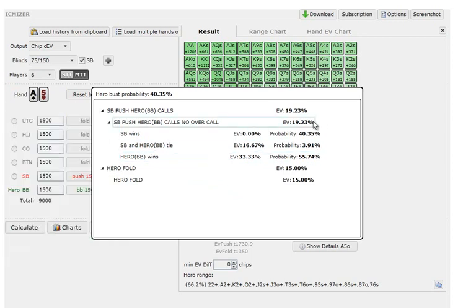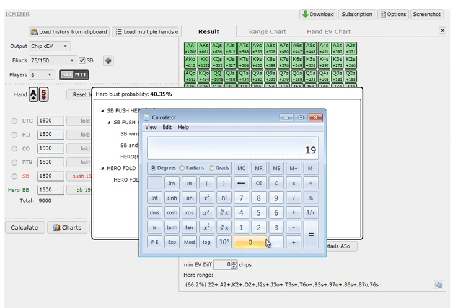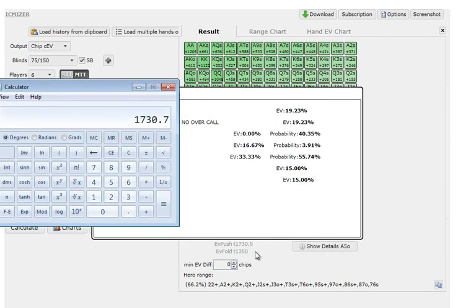So to get this 19% chips value expectation, we just multiply 33.33 by 55% and add up 16.67 multiplied by 4%. That would be this value. And when you multiply 19.23 by 9,000 chips, you get this value, and this is what you can see here.